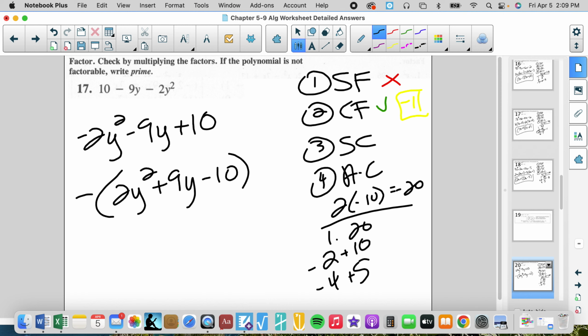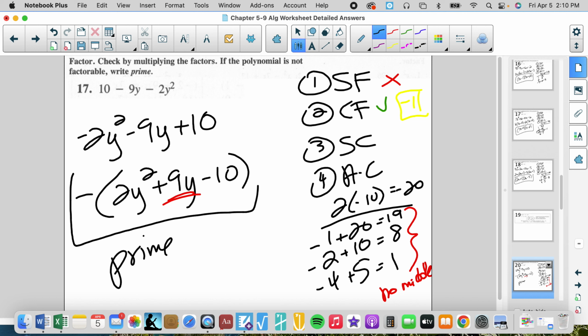So let's show this. That's going to give us 19. That's going to give us 8. That's going to give us 1. No middle. So this is as far as you can factor. So technically it's prime, but we could also leave this. That is factored.